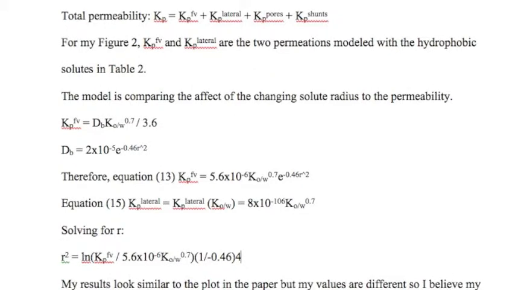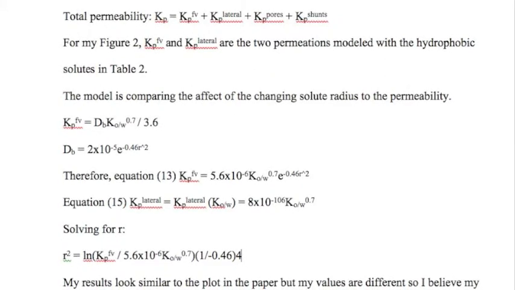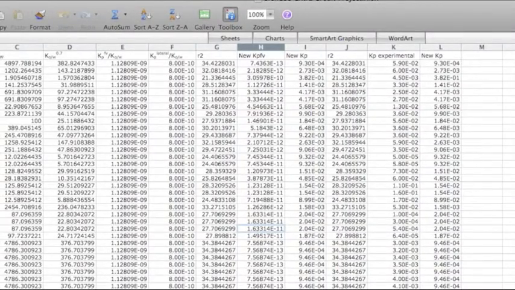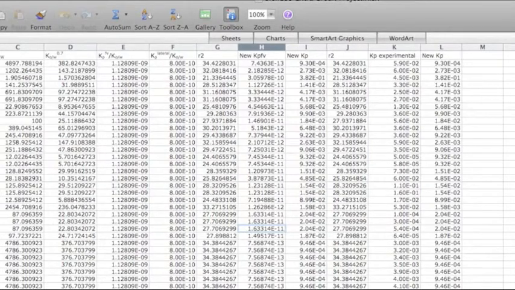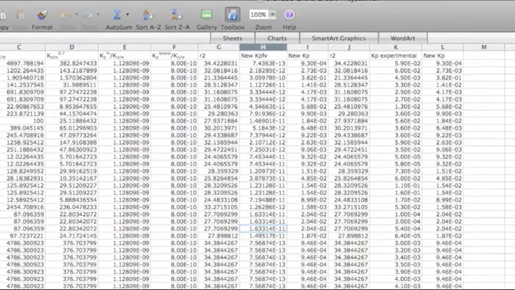And from that free volume equation, we calculated R squared, and that's how I was able to compare my experimental Kp and our predicted Kp with R2.